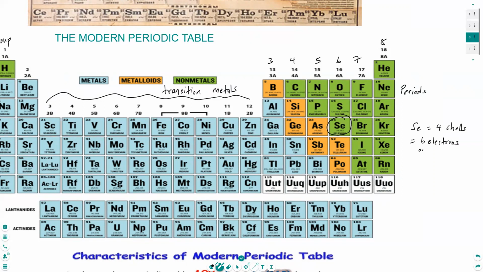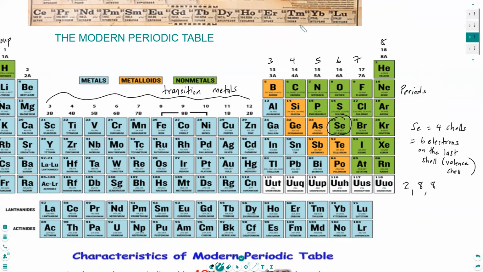All right. So that allows us to predict many things about selenium. Just remember that the last shell is also known as the valence shell. So if selenium is in period 4, it must have 4 shells. The first shell has 2. The second can hold up to 8. The third can hold up to 18.